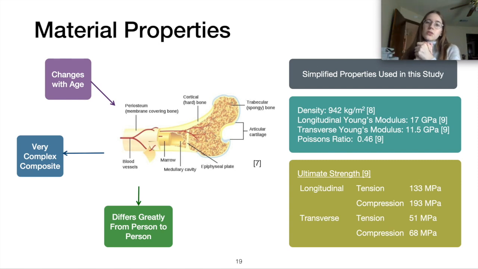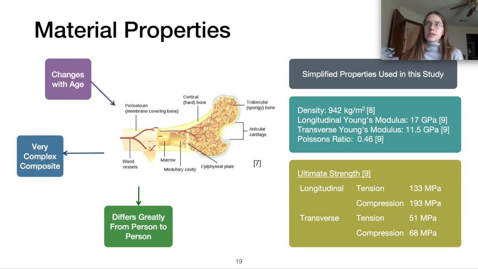The longitudinal and transverse modulus I got from a paper, and that's just an average of all bones. This isn't specific to my age or to my sex, but this seems to be the most reliable number I could find. The elasticity modulus, some papers will report anything from like 1 gigapascal to like 30.